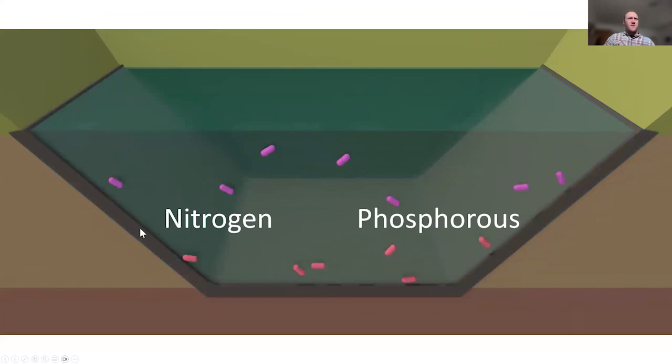Okay, and then in this aerated zone, this is where the nitrogen and the phosphorus are being removed. And so that nitrogen comes into the lagoon as ammonia, and then nitrification turns it into nitrate, and then the denitrification process turns it into nitrogen gas. And that's all done with bacteria.